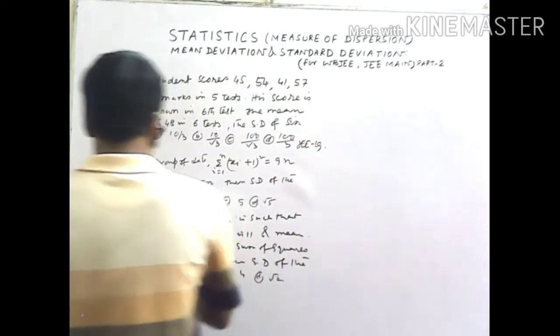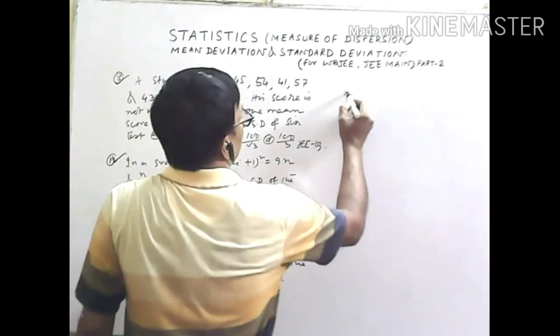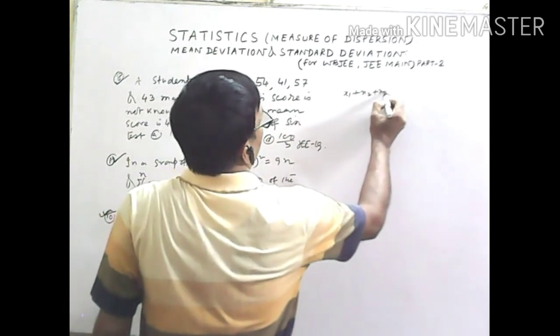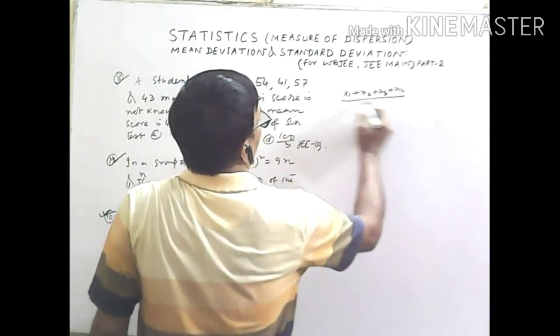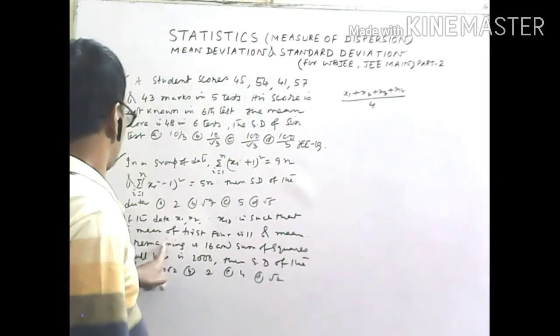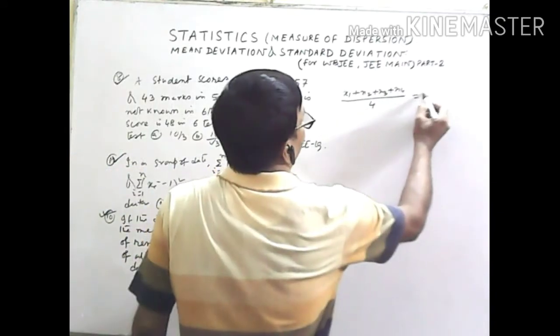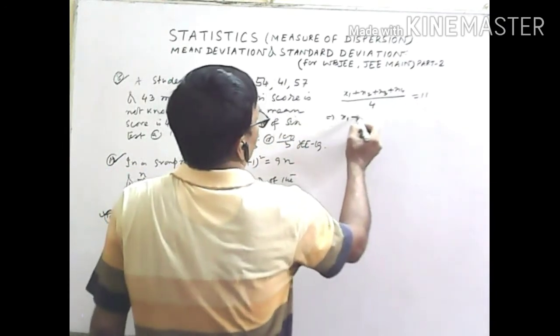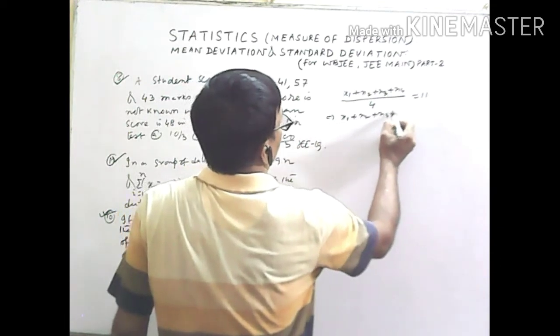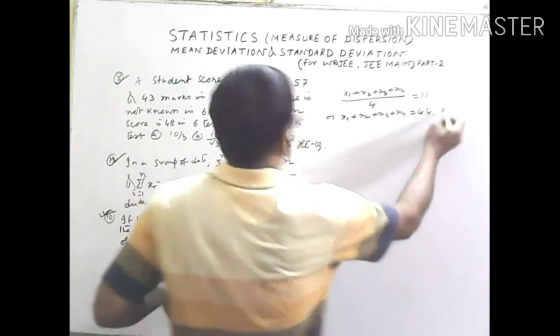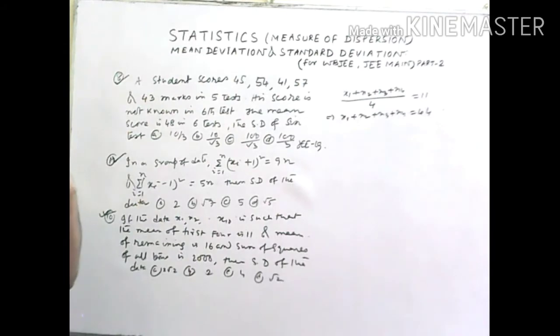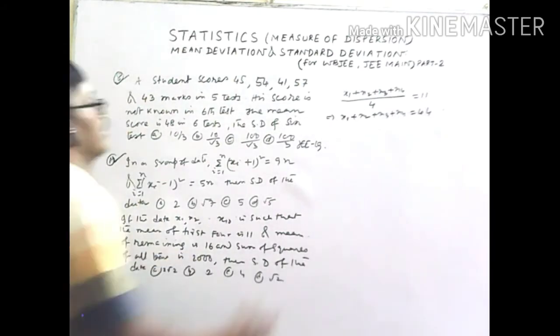So the mean of the first 4: x1, x2, x3, x4 by 4 is 11. So what we are getting? x1 plus x2 plus x3 plus x4 equals 44.